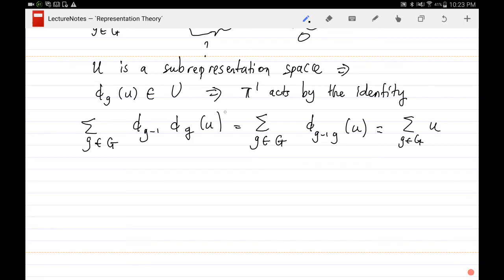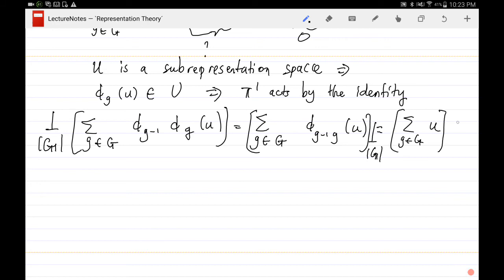And of course we now remember that there was a 1 over |G| here. Okay, and our field K is co-prime to the order of G. Here's where it comes in.